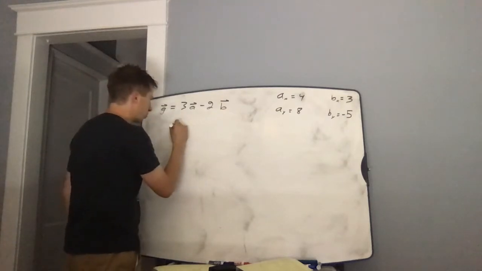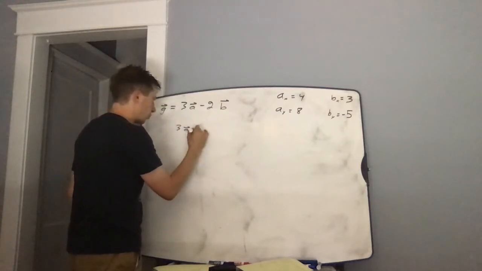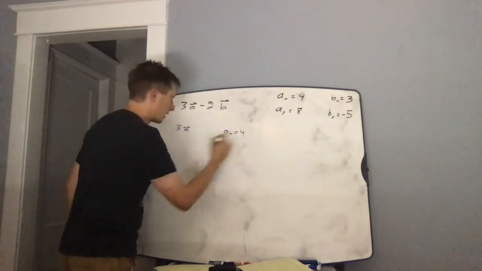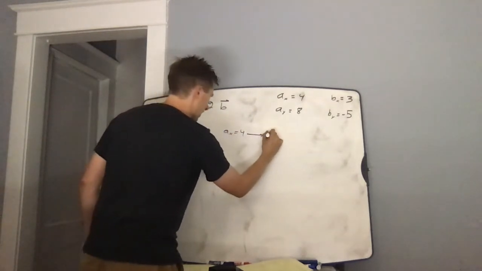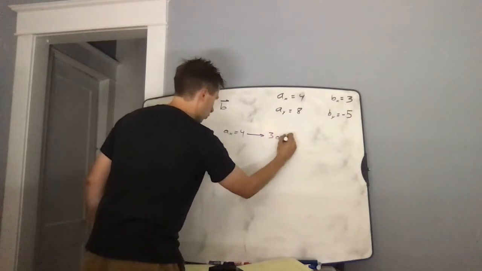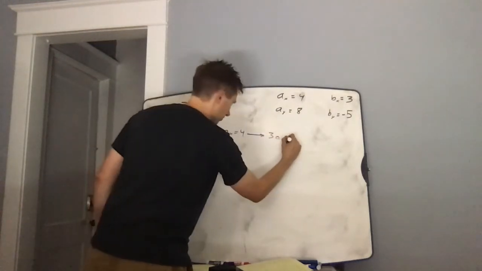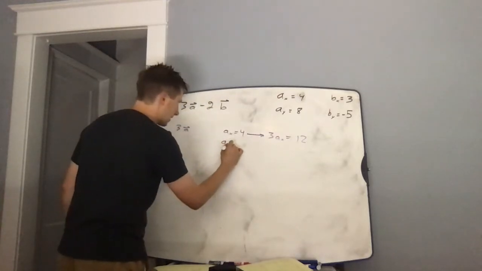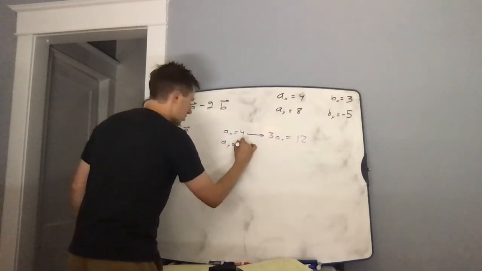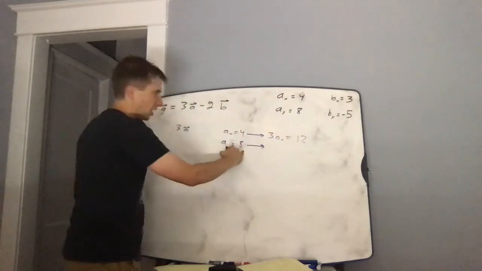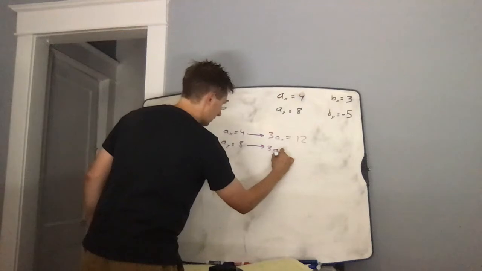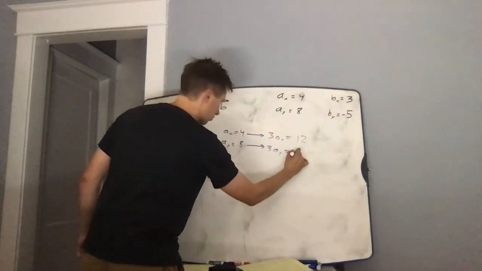So for the term 3a, well, if ax is equal to 4, that implies 3ax will be triple that. So triple that would be 12. And if ay is equal to 8, triple that number, multiplied by 3, 3ay is equal to 3 times 8. That's going to be 24.